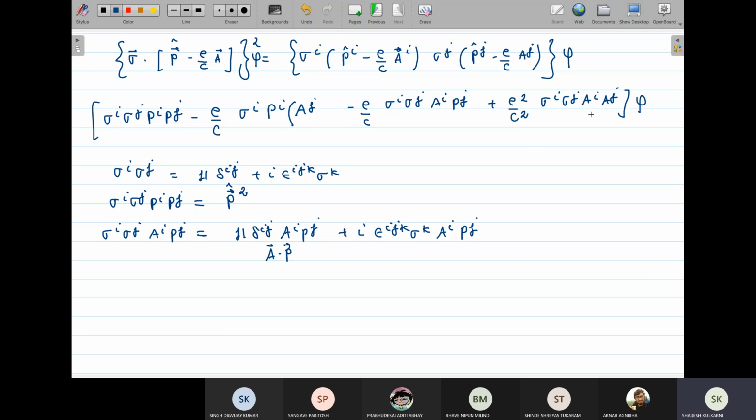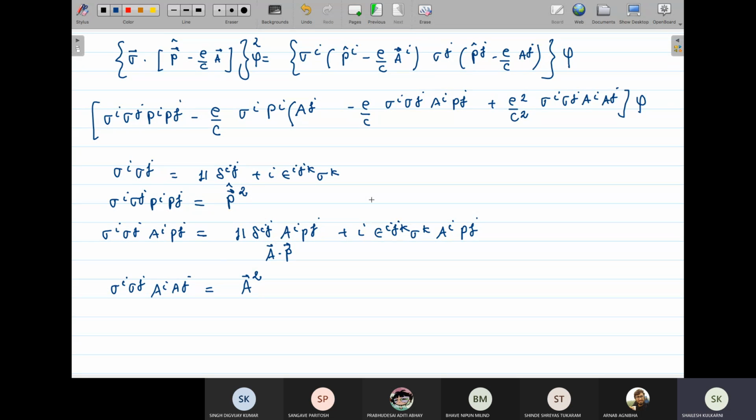Then this term, sigma i sigma j A_i A_j, is nothing but just A squared, for the same reason.